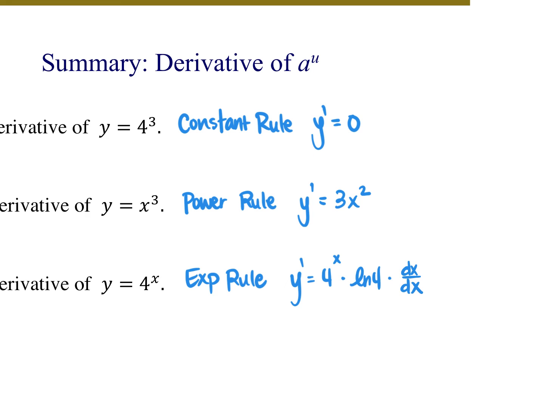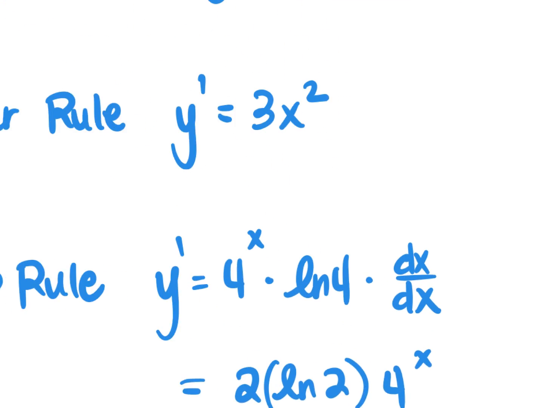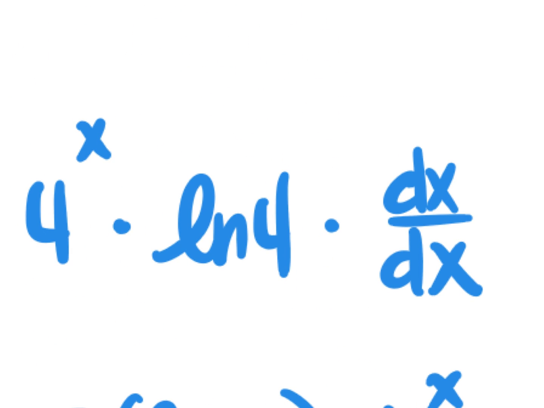Now you may look at the back of the book and see this answer, 2 ln 2 times 4 to the x. So that comes back to, do you remember what to do with an ln of 4? 4 is a perfect square, just like 9 or 16 or 25.